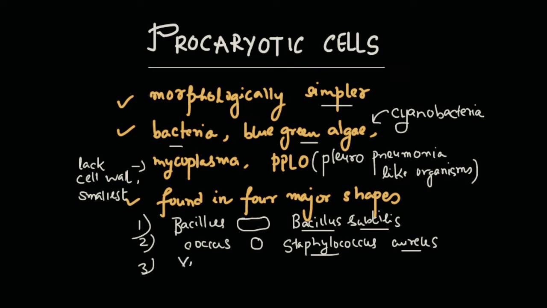Vibrio is another shape of prokaryotes which is comma-shaped. An example of a bacteria having this shape is Vibrio cholerae, which causes cholera.